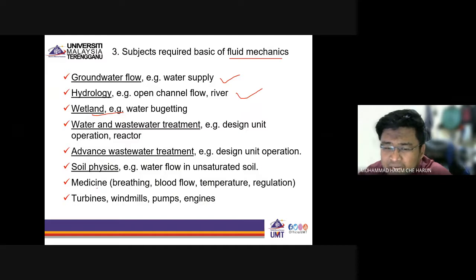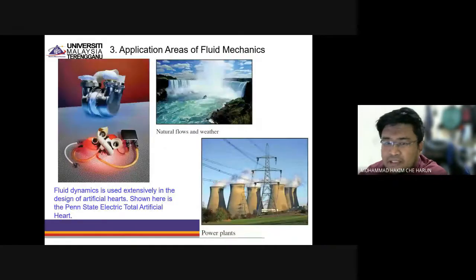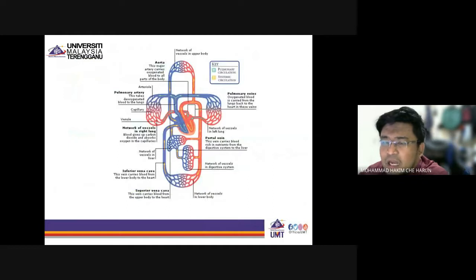Okay, even in medicine, in our hearts there is fluid mechanics. There's a pressure in our aorta, there's a pressure in our veins, that we call blood pressure, that's pumping the blood into our brain. So it's very important. Fluid mechanics has very wide applications.